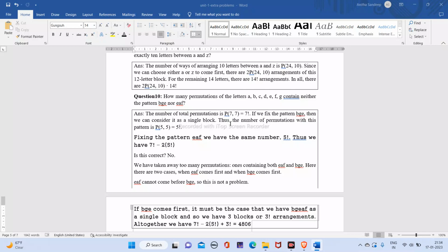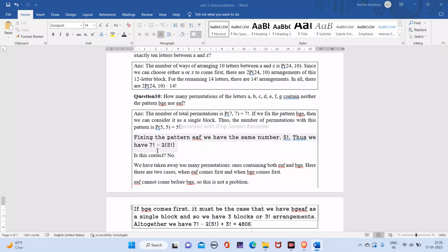Thus the number of permutations with this pattern will be 5P5, which is 5 factorial. That is because BGE as one group and the remaining letters make 5 groups, so it is 5 factorial, and all are different, so it is nothing divided by 1 factorial. Then fixing the pattern EAF, we have the same number, that is 5 factorial.